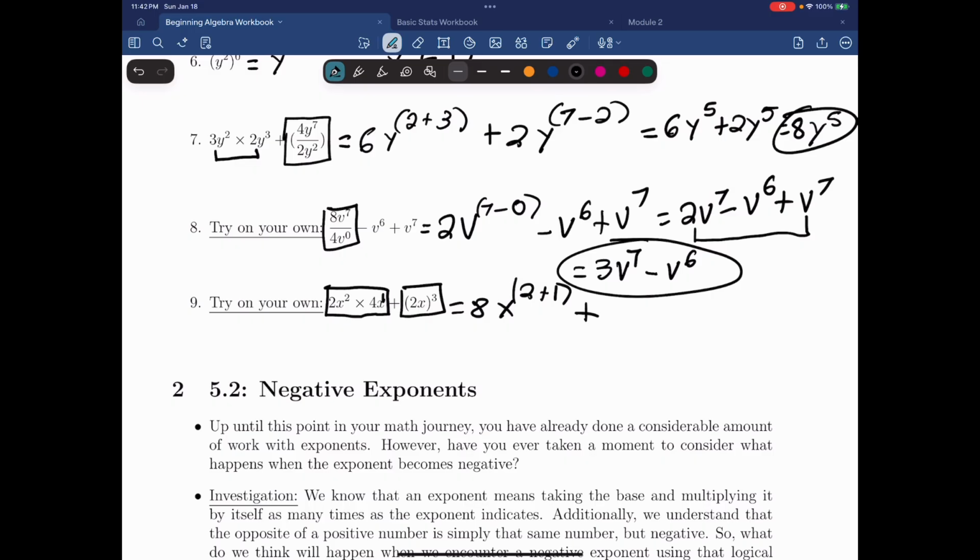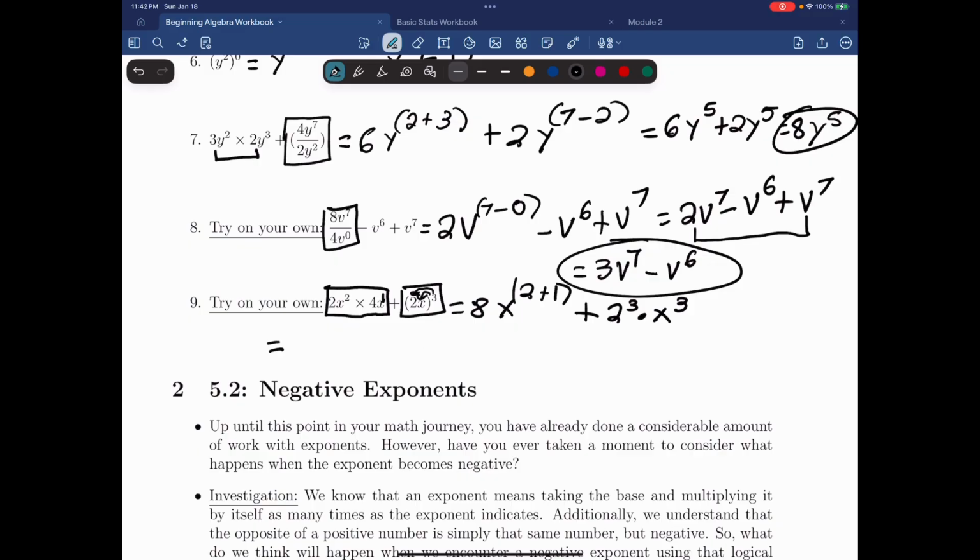And then we're going to add 2x all raised to the third power. Because this whole thing is being raised to the third power, I'm going to have to distribute that third power to both the 2 and the x. So we're going to get 2 cubed times x cubed.